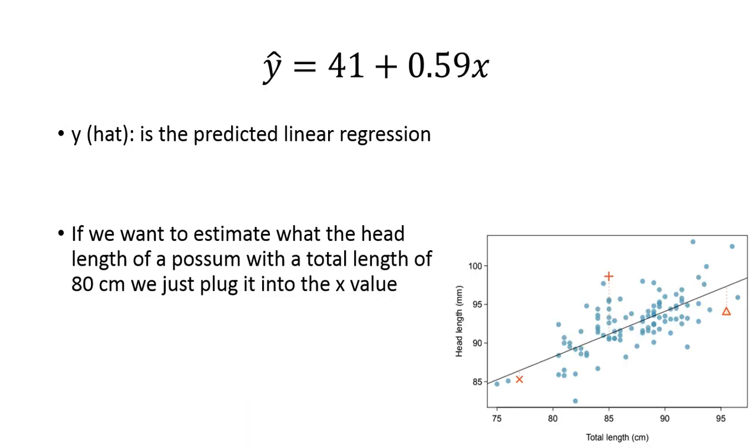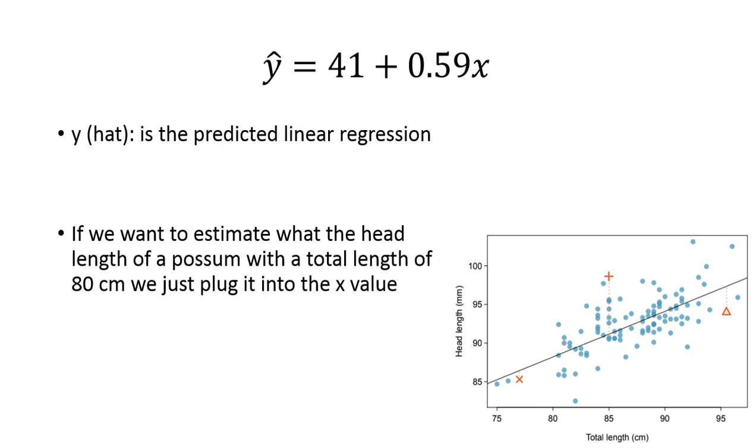Okay, so up on top is the linear regression for the total length and head length of the possum. And that first y we would call y hat. That's what we're going to use for our linear regressions, so our linear regressions will be denoted as y hat.